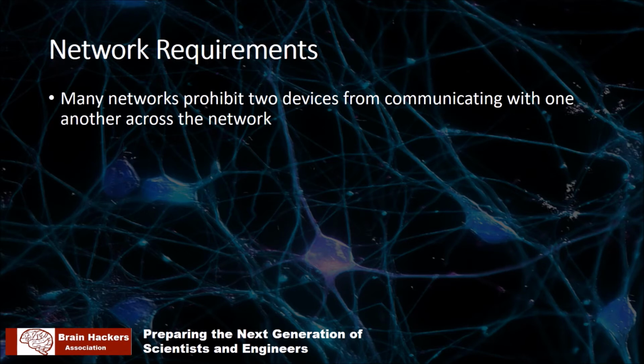With App Inventor, ideally you want the computer and the phone to be able to communicate with each other wirelessly. It is called a privacy separator with many networks, and the privacy separator prevents two devices from communicating with one another in this way. And as I mentioned previously, this has been an issue using App Inventor at many sites.